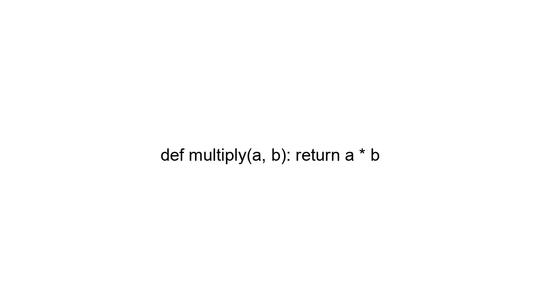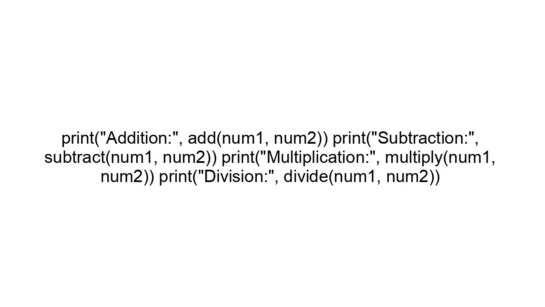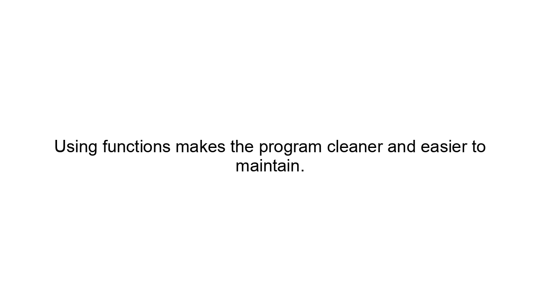def add(a, b): return a + b. def subtract(a, b): return a - b. def multiply(a, b): return a * b. def divide(a, b): return a / b. num1 = float(input("Enter first number: ")), num2 = float(input("Enter second number: ")). Print "Addition:", add(num1, num2).